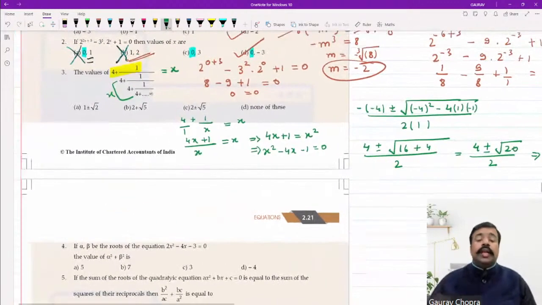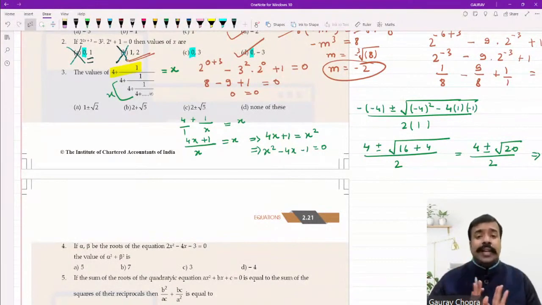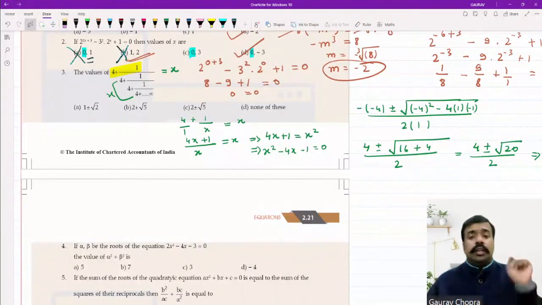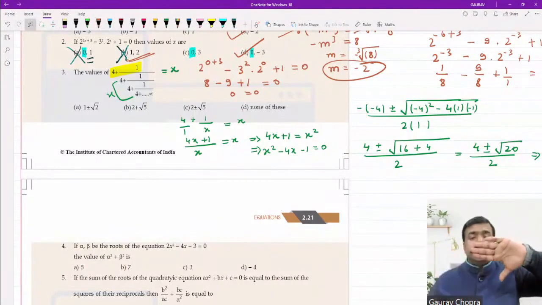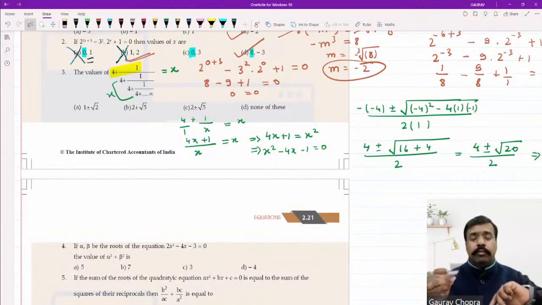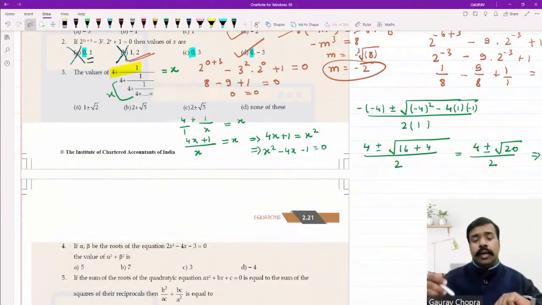So overall, in this question, the whole expression is getting extended up to infinity. So whenever such a kind of question comes, always let it equal to x. Now what we have to do is hide the first layer. What is the first layer? 4 plus 1. We have to hide that. And besides that, again we have the same value, 4 plus 1 by 4 plus 1 by 4 plus 1 by, and so on.